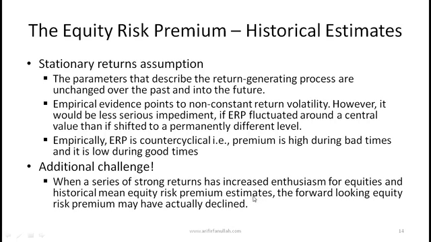For the last number of years, the stock market was just performing extremely well. So if the stock market has been performing extremely well, what happens to the equity risk premiums? If you are using historical data, all the equity risk premiums are high, and those high numbers are pulling up the average.